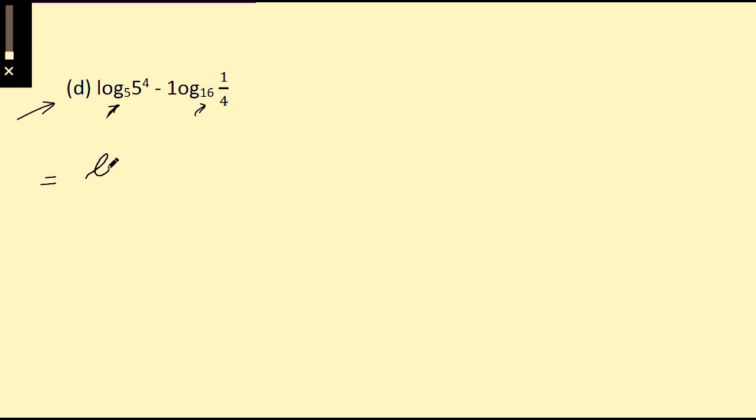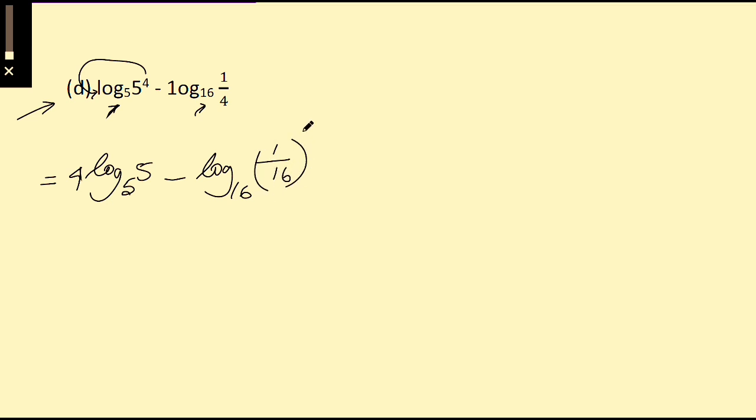Then we can write it 4 times log 5 to the base of 5, because this power will come in front of log as a coefficient of log, minus log, we have 1 over 4. Since the base is 16, then we should make the argument 16. So instead of 1 over 4 we can write it 1 over 16 to the power 1 over 2.